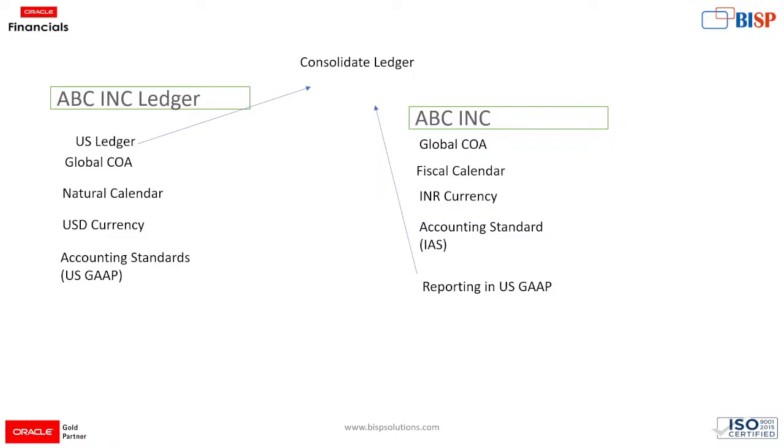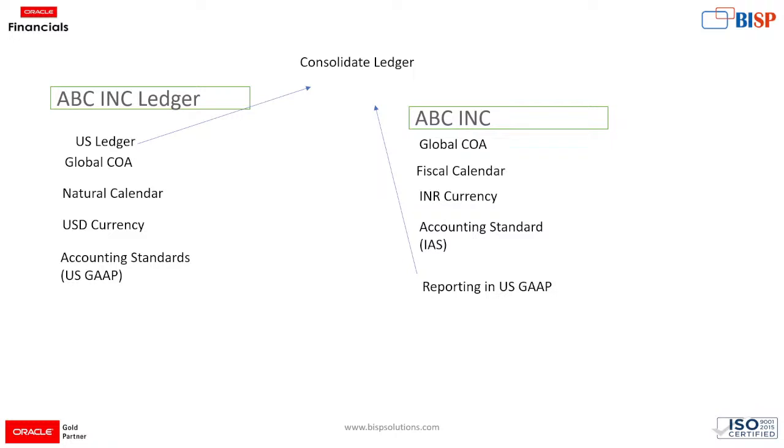One is the multi-GAAP reporting. As the business grows, they want a better solution for single centralized payment and better workflow. On top of that, they also want a robust reporting system for external and internal reporting, so that reporting can be done from a single point of view.